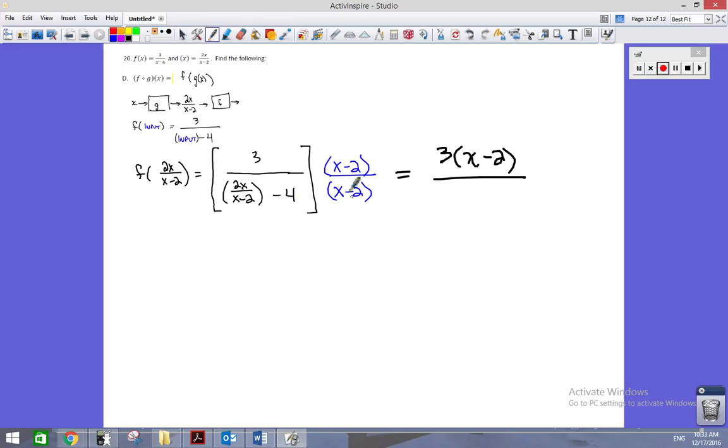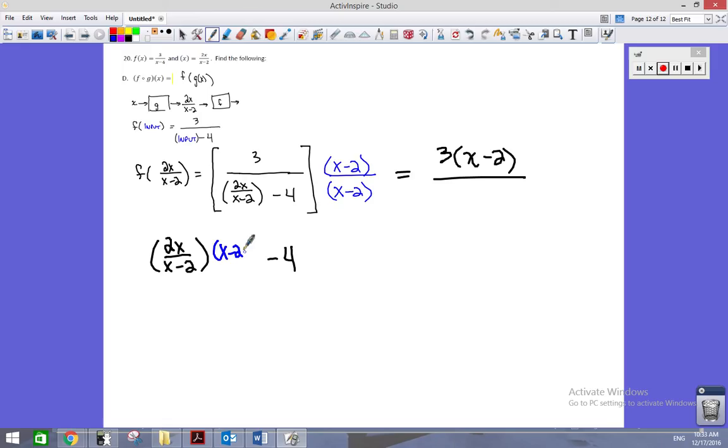When multiplication distributes over the subtraction, first I multiply the first term by x minus 2, and then I multiply the second term. So I have this 2x over x minus 2, and then I've got this 4. Both of these get multiplied by this x minus 2.